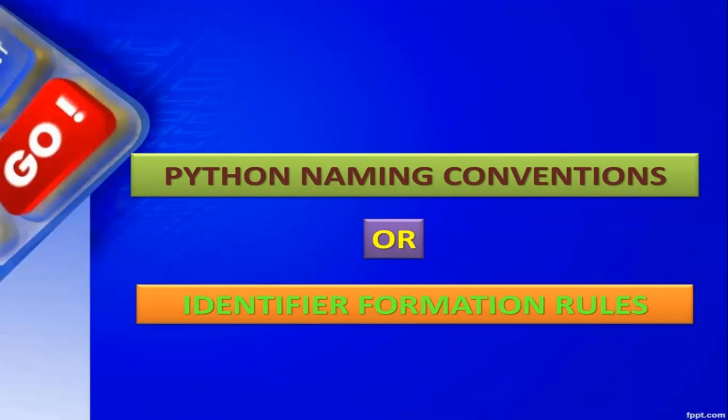That is rule number one. But there are more rules that you have to know when you have to name your variable or a function or a module or a class. Whatever you will need in that particular program, you will have to give it a name, and this name has to follow some rules and conditions. So we will talk about naming conventions.